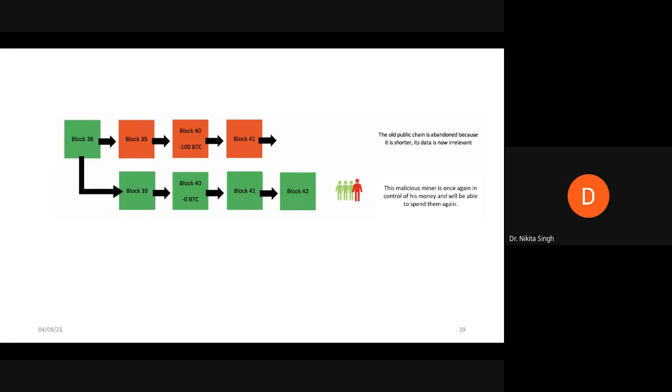You will have to acquire so much hardware that it would be incredibly expensive and difficult, because you need to replace the majority of the network, and the Bitcoin network contains about millions of nodes. So even if it has 1 million nodes, you will have to control at least more than half a million nodes in order to perform this kind of attack.